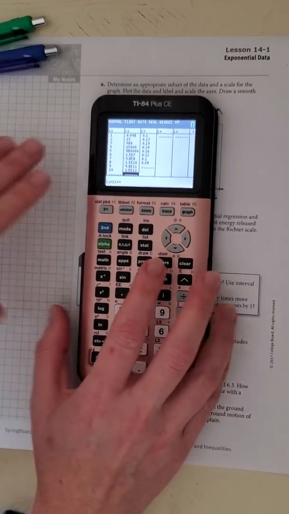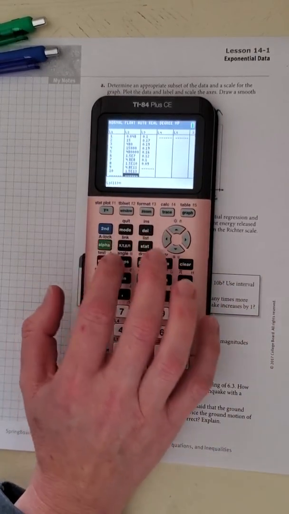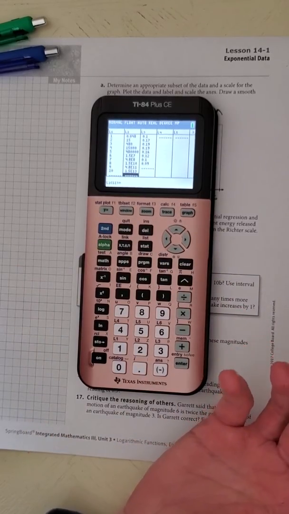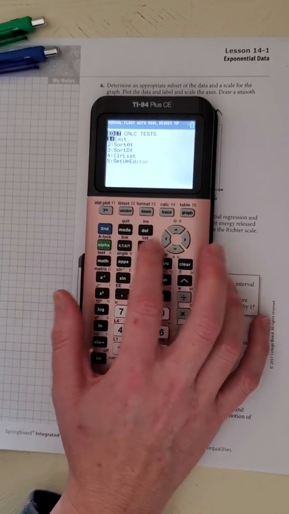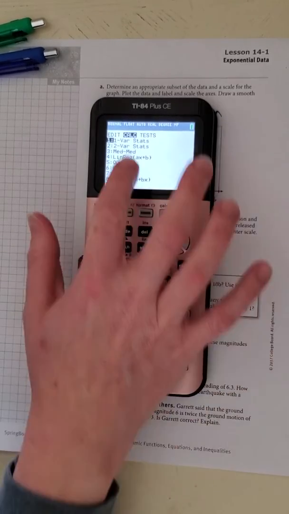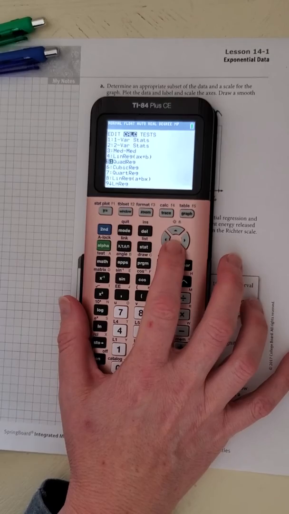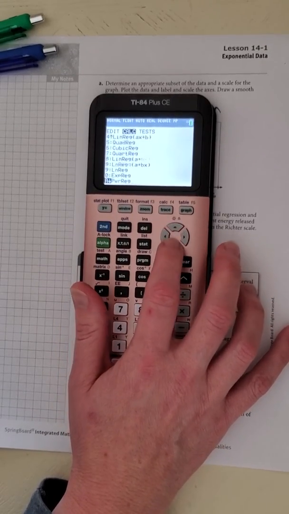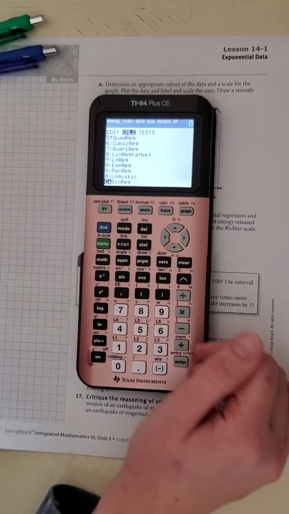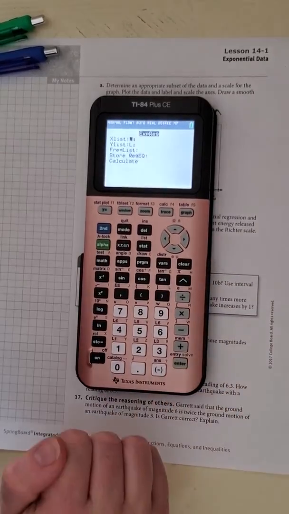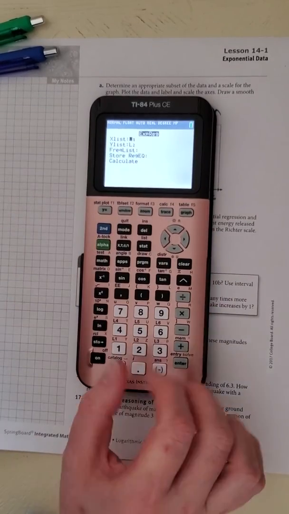Okay, so what your graphing calculator can do is something called an exponential regression. And it's right here under calc. Of course, I would have to show you how to do an exponential regression in Desmos, but right here is exponential regression, and you tell it which two lists to use.